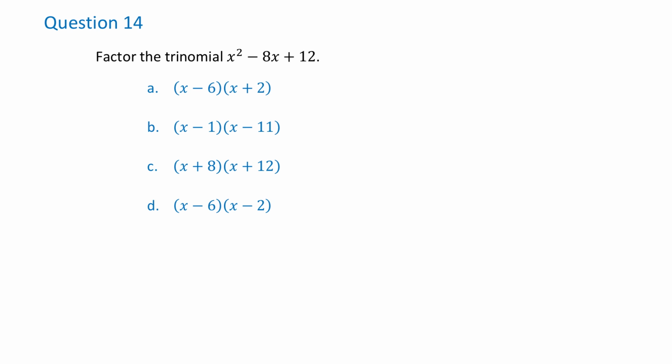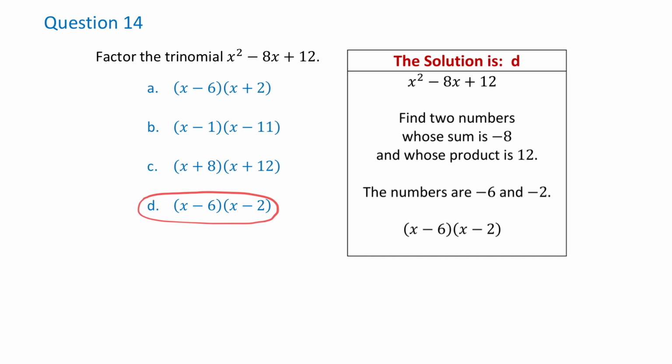Factor the trinomial x squared minus 8x plus 12. Please pause the video and find the right solution. And now let's see the correct answer. The correct answer is D. To factor this trinomial, first we need to find two numbers whose sum is negative 8 and whose product is 12.